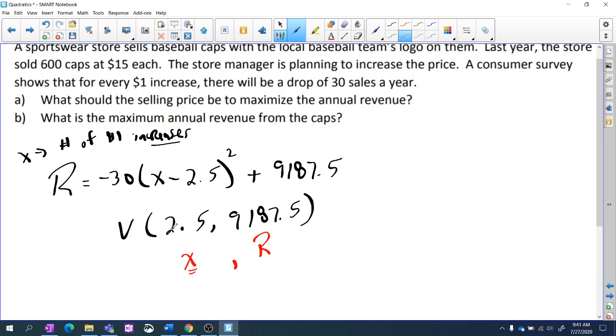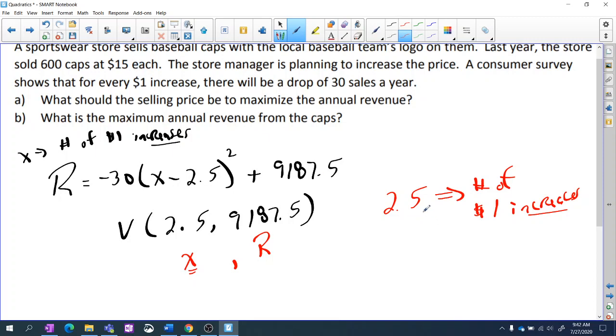So this is saying to make 2.5 $1 increases to get to that maximum revenue. Well, that would mean we're going to put the price, so 2.5, that's the number of $1 increases. Remember, last year they were selling them for $15.